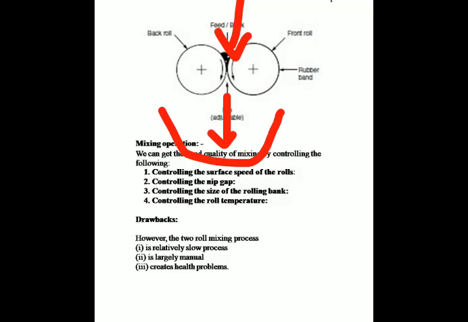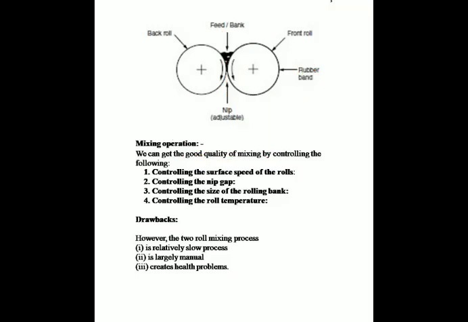This material is again placed on the roll by the operator with a knife. First, the compound is allowed to run on the front roll to form a band.